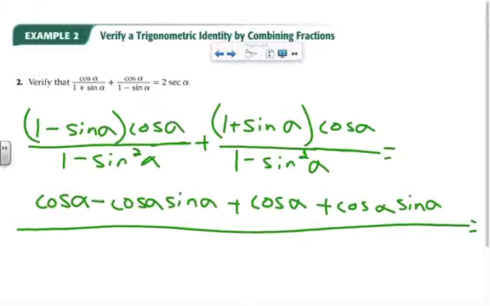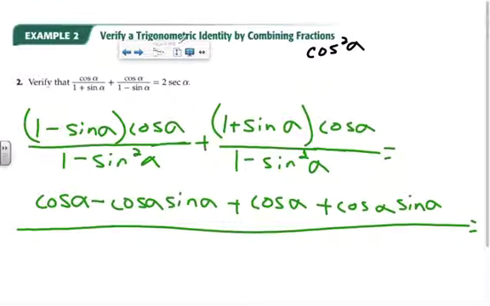And remember this Pythagorean identity. Cosine squared of alpha plus sine squared of alpha equals 1. And so I can replace the 1 with sine squared plus cosine squared.